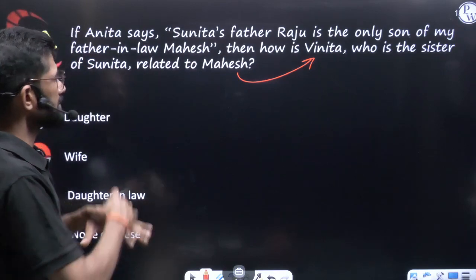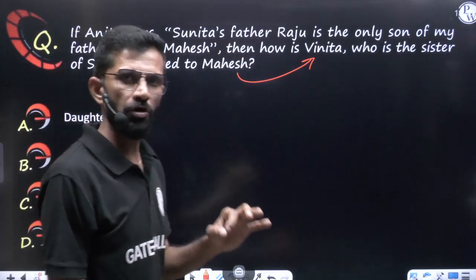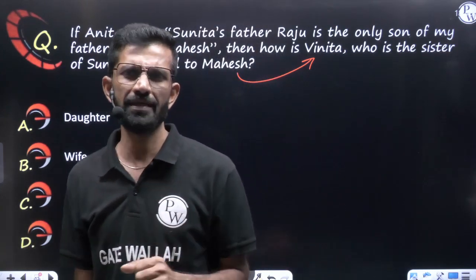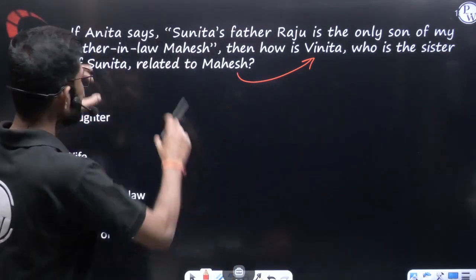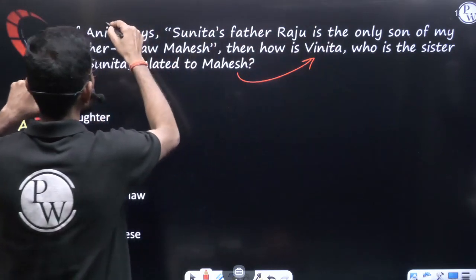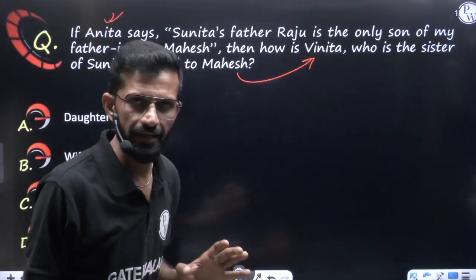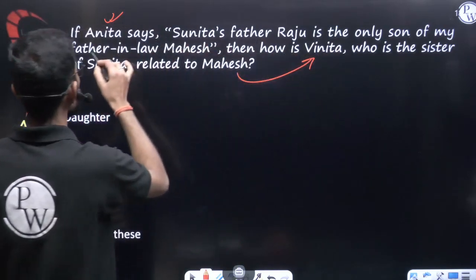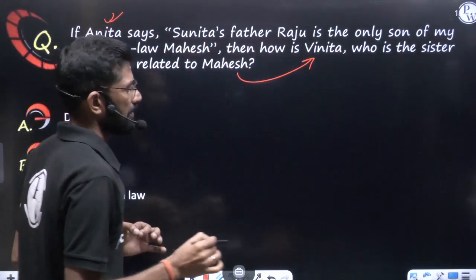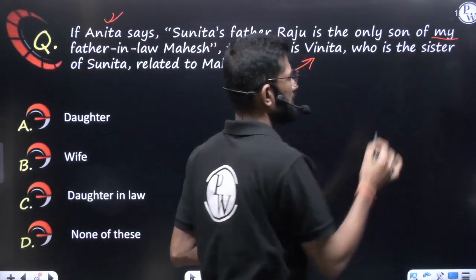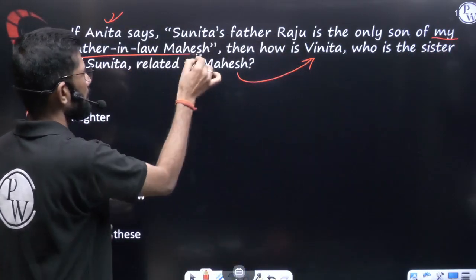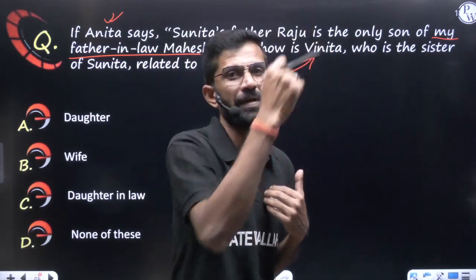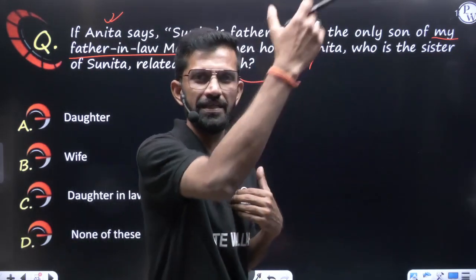Let us understand this complete sentence. No doubt I'll show you with a family tree also in a few questions, but maximum we'll try to break the sentence. Here, this sentence is said by Anita. Anita is a female. One female is saying my father-in-law Mahesh, means my husband's father.